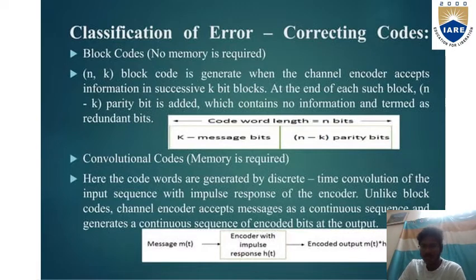In this picture we can see message m of t into an encoder with impulse response h of t, where it produces the encoded output m of t convolved with h of t. This is about the classification of error correcting codes.